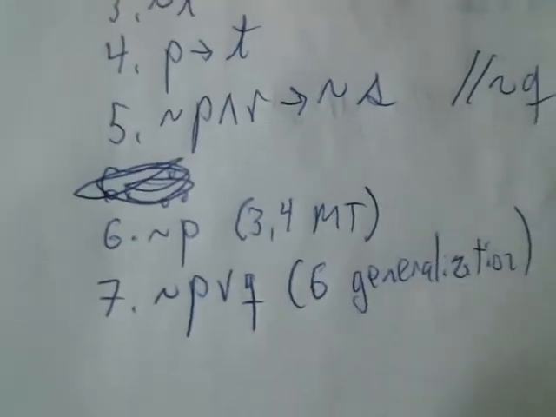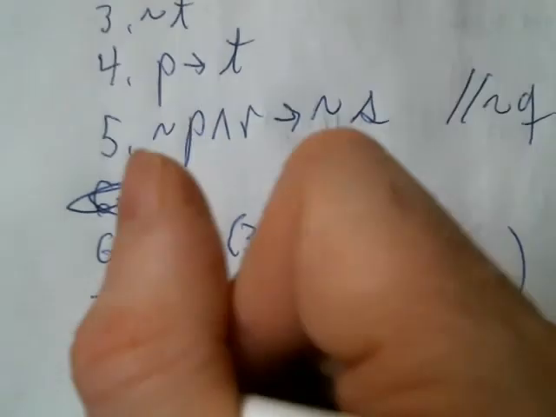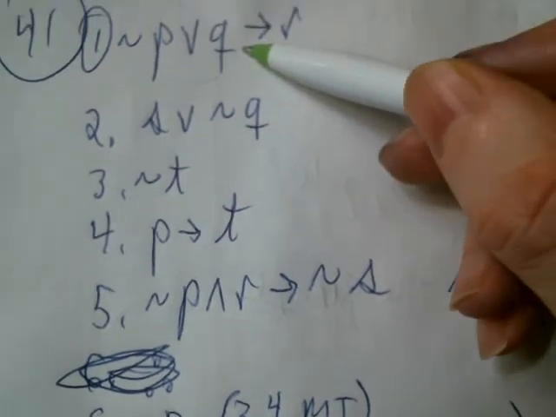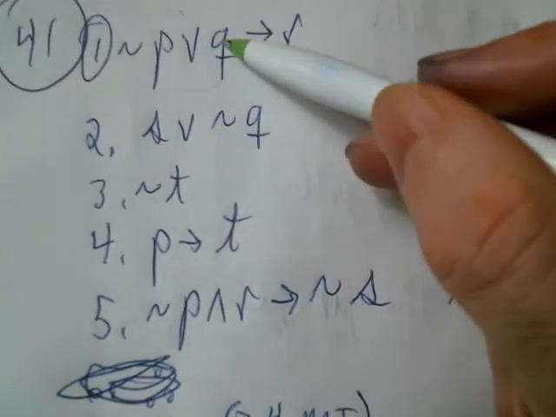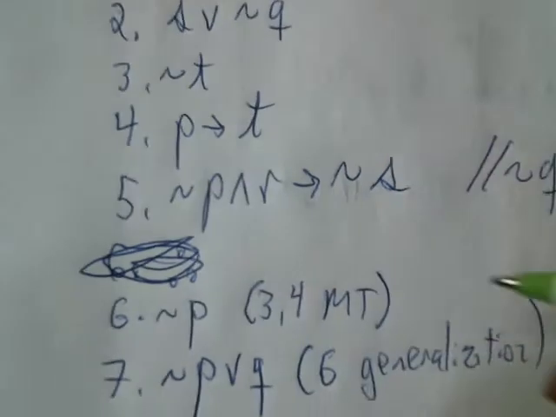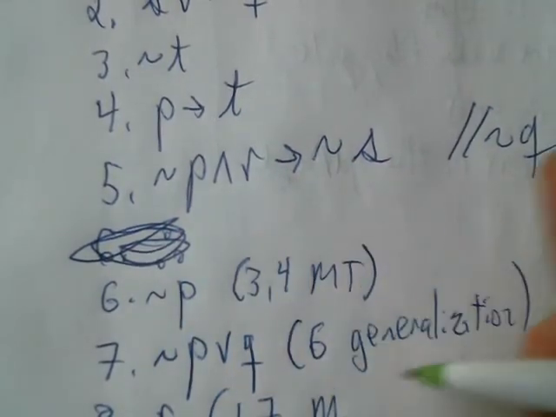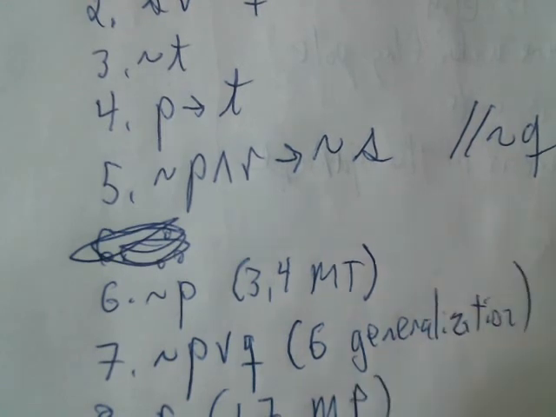Okay. And then you could do a modus ponens on 1. So you have this part, that implies that R will be true. So that's from 1 and 7, and that's a modus ponens.